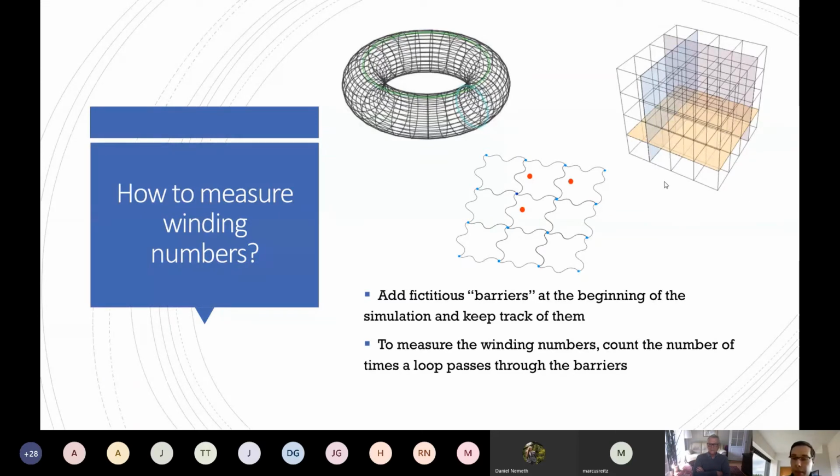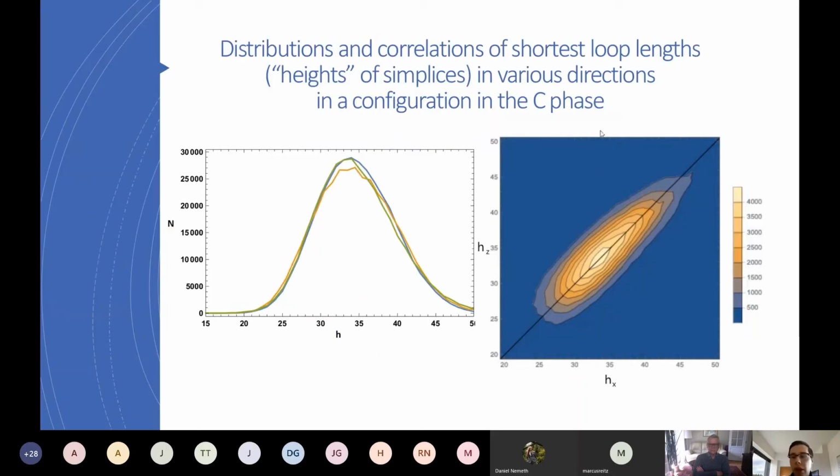The barriers are fictitious in the sense that there is no term in the action that depends on their position. We keep track of their position, and we don't let them be destroyed, or let their properties be worsened throughout our algorithm.